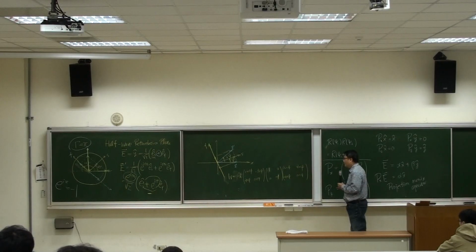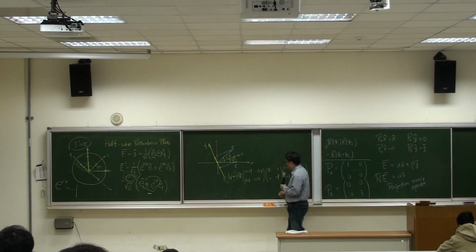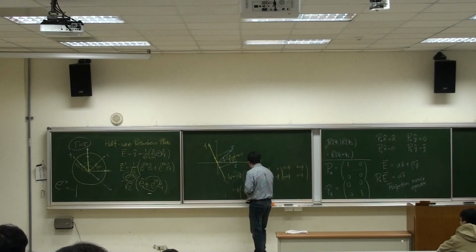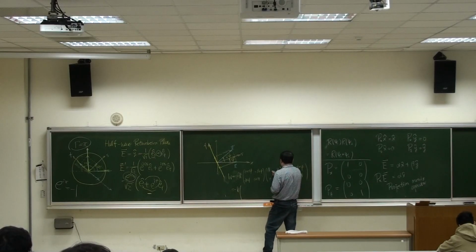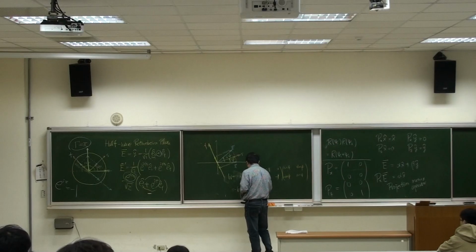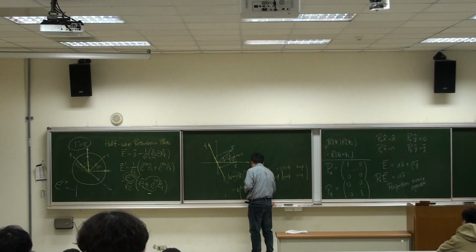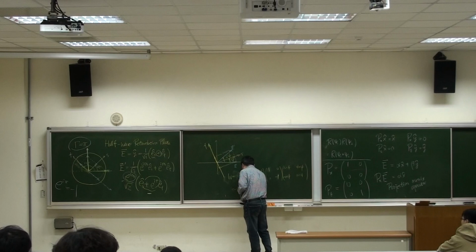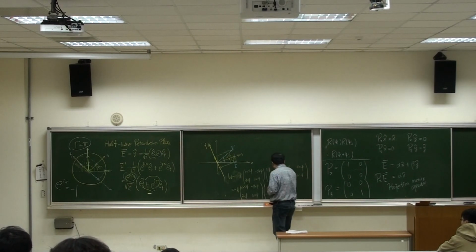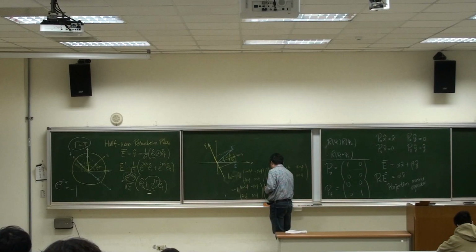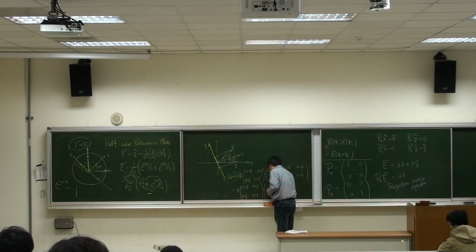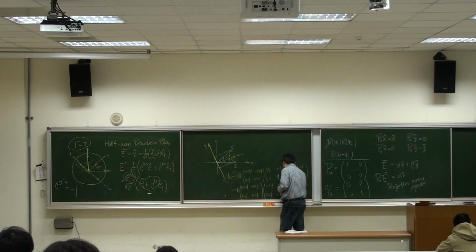Then this becomes minus i times cosine psi, minus sine psi, sine psi, cosine psi, and cosine psi, sine psi, sine psi, minus cosine psi.